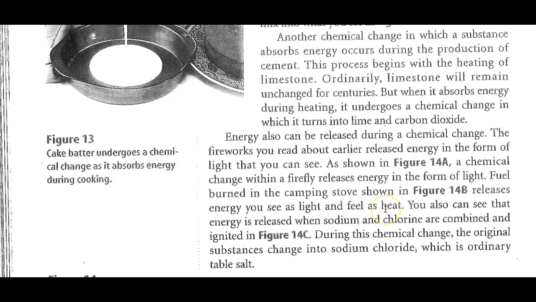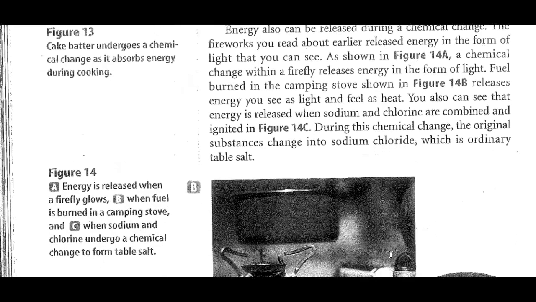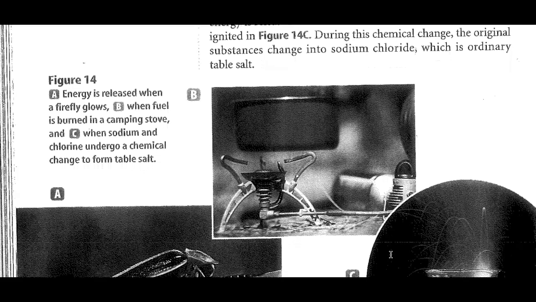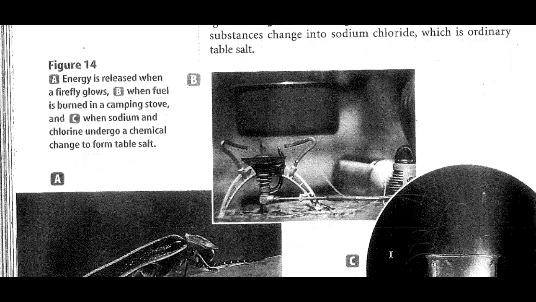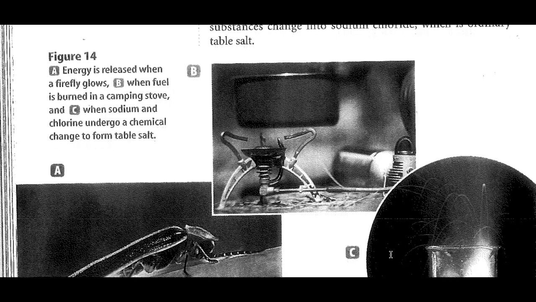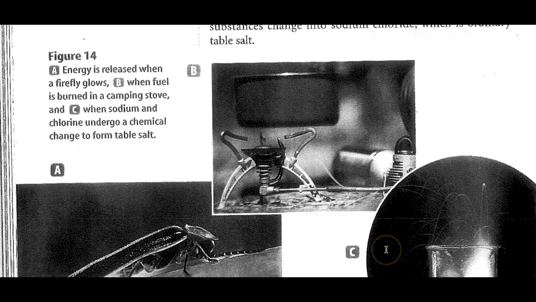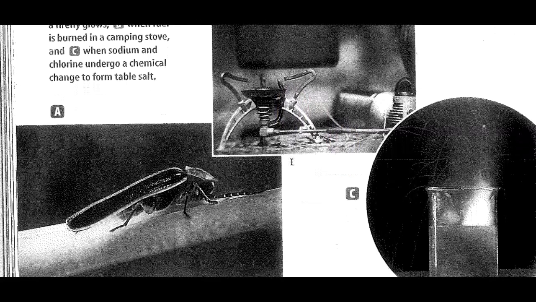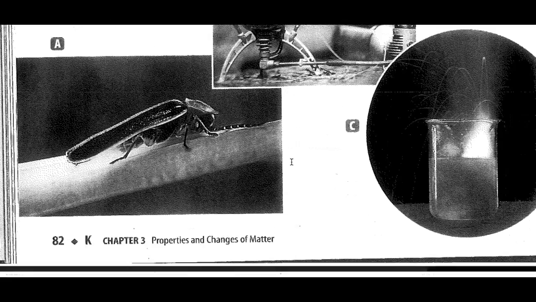During this chemical change, the original substances change into sodium chloride, which is ordinary table salt. Here it says in the pictures that energy is released when the firefly glows, when fuel is burned, like in a camping stove, and when sodium and chlorine undergo a change to make table salt. Pretty cool.